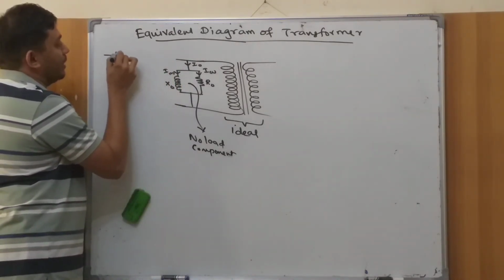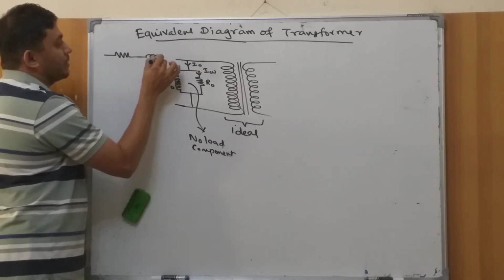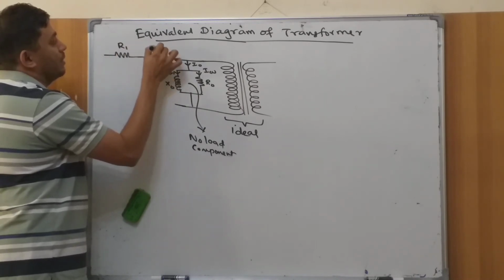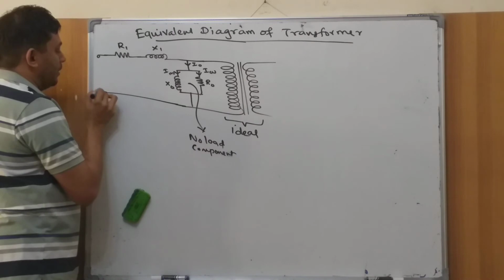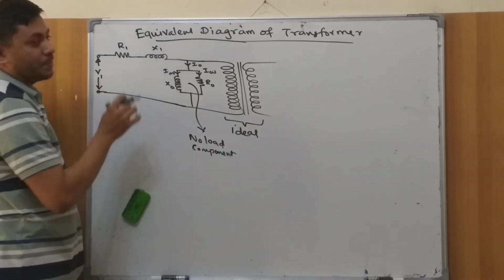You can find that the transformer has got some resistance. It also has got some leakage reactance. Since it is happening in the primary, I'm going to say this is R1, this is X1. Here only we are applying the input voltage, which is V1, so this is the primary side.